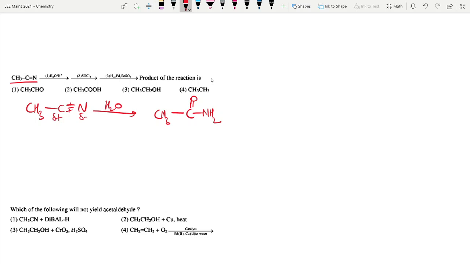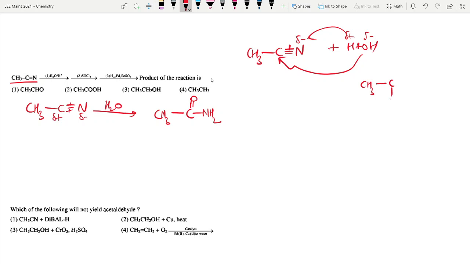I have been giving a shortcut for hydrolysis, which is very interesting, in my previous videos also. You see HOH, you break a bond here, you break a bond here, this is delta plus, and here this is delta minus. So this H part will go here, and this is delta minus, and eventually this OH part will come here.